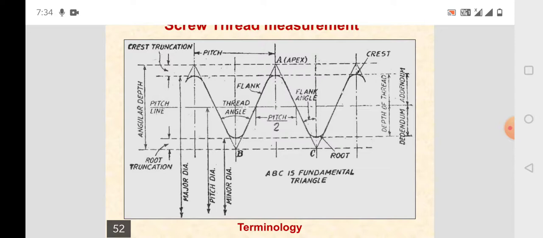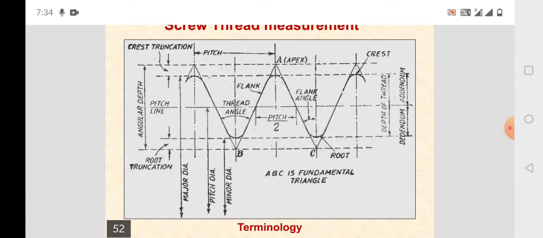So this is the pitch diameter, and the imaginary line passing through this pitch diameter is known as the pitch line. So this is the terminology regarding screw thread measurement. This is addendum.